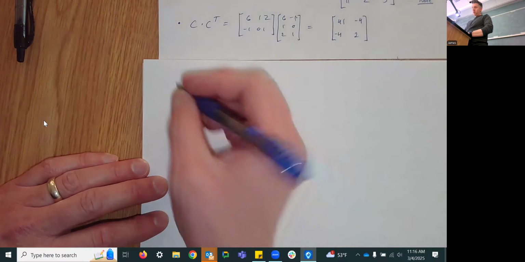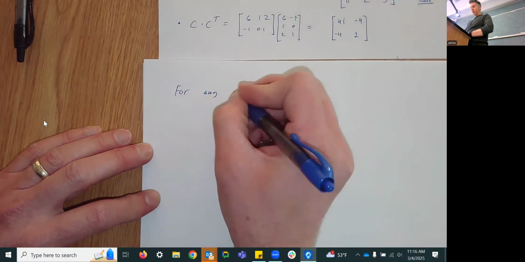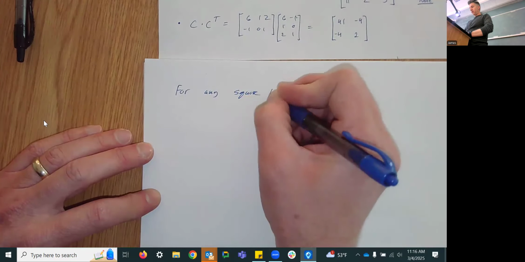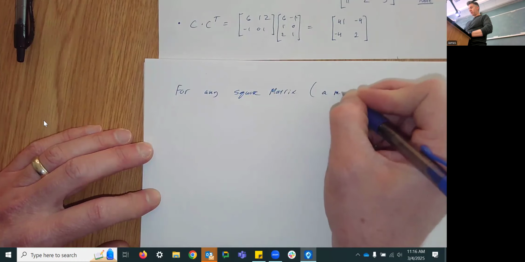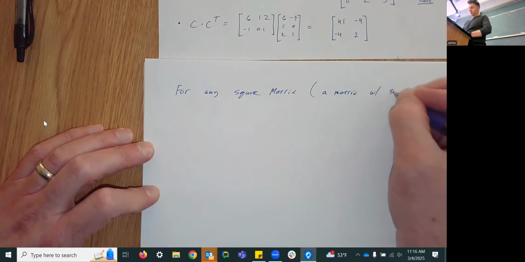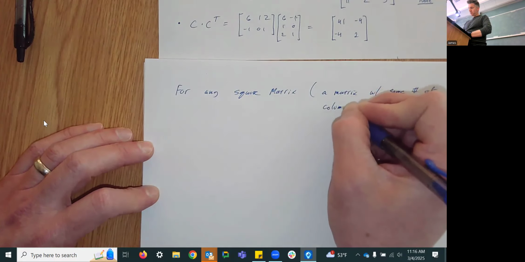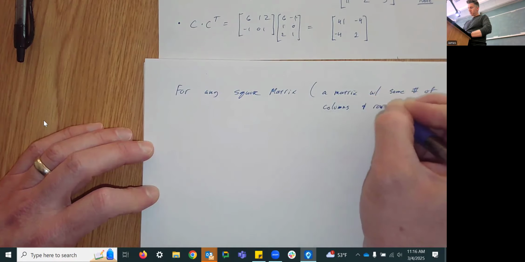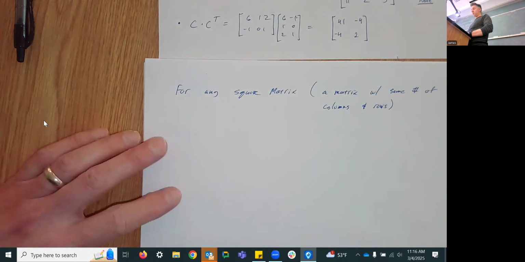Yeah, sure. So for any square matrix, when I say square, what do I mean? I mean a matrix with the same number of columns and rows. So a 2 by 2, a 3 by 3, a 4 by 4, et cetera.